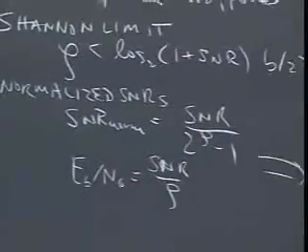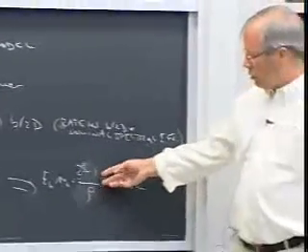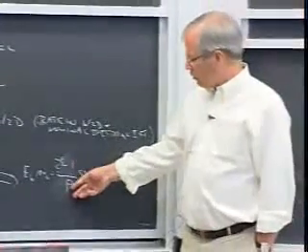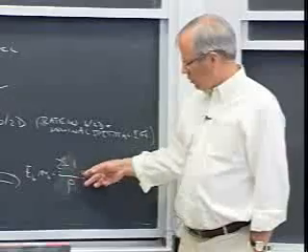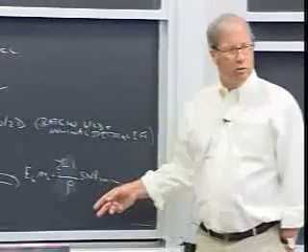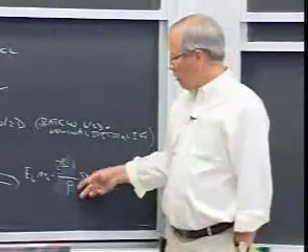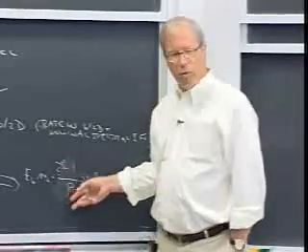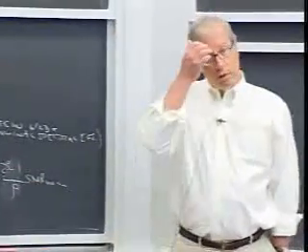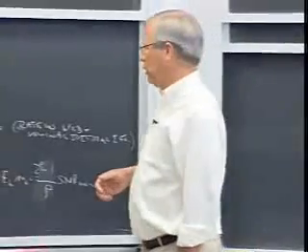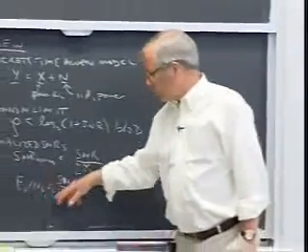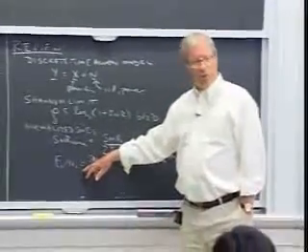It makes sense in the power-limited regime. In the power-limited regime, we showed that this essentially goes as rho log 2 over rho, so up to a factor of the natural logarithm of 2, these are the same, almost independent of the spectral efficiency as well. And so this is a very natural thing to use, especially in the power-limited regime.